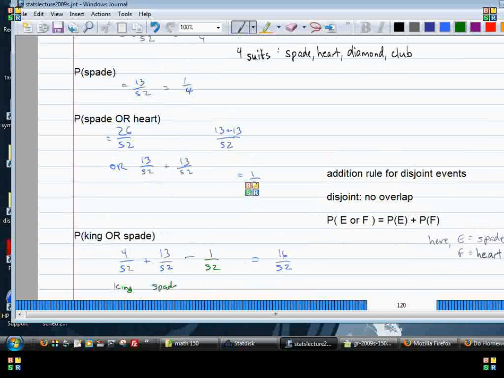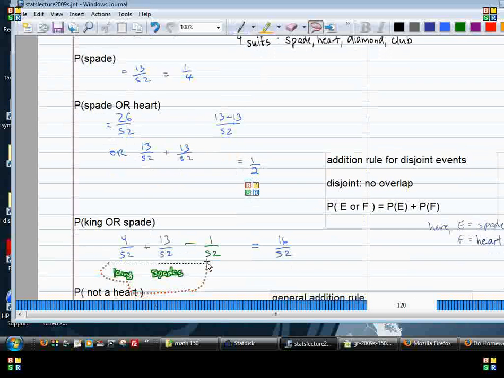Because for the king, there's the spade cards, and that's 13 cards. You put it twice, yeah. And this is the king of spades.